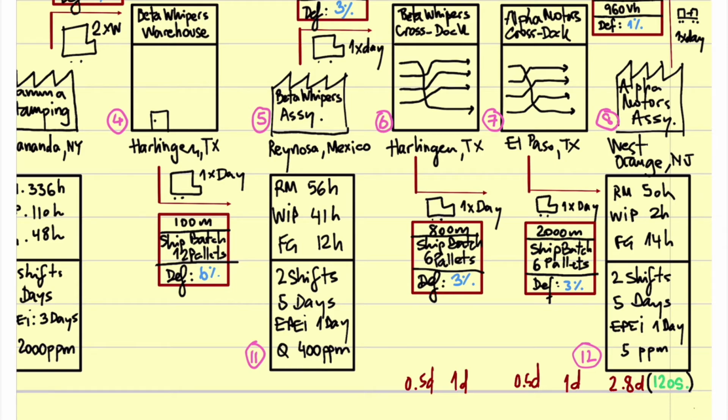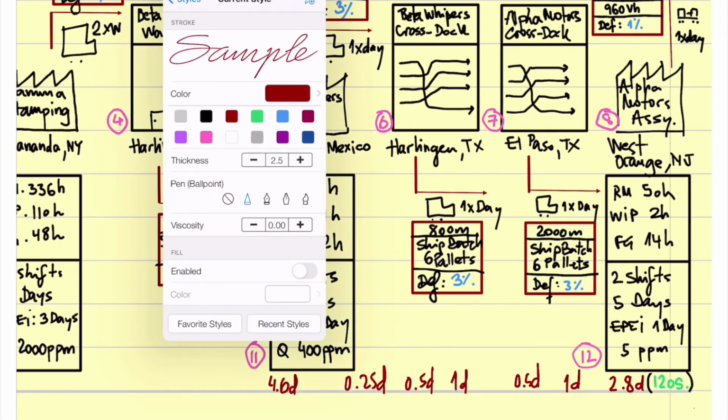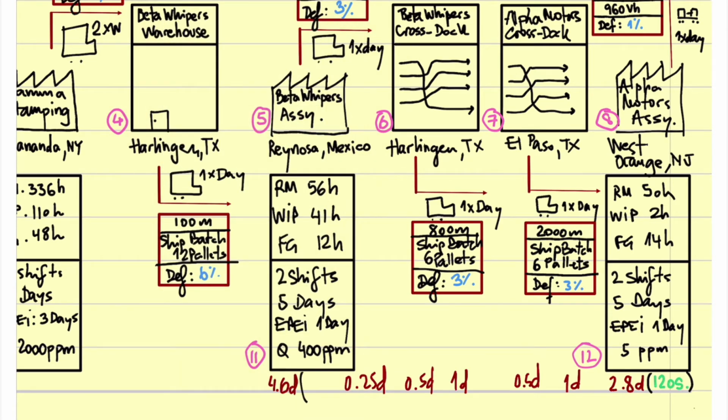So in beta wipers, I have still this takes 0.25 days, and here I have in beta wipers 4.6 days inventory, and 30 seconds value adding process.